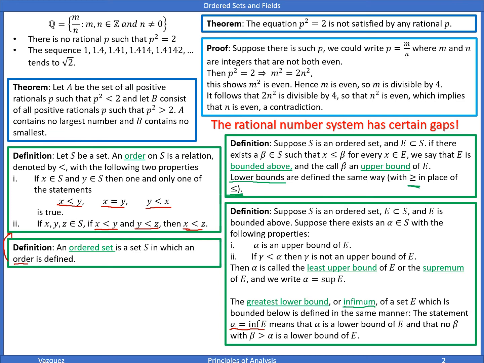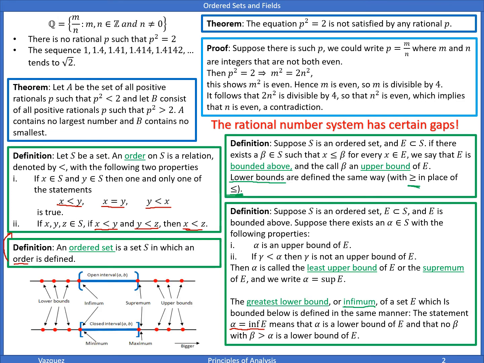This might be a bit difficult to understand, so I'm going to include a picture. An illustration might help us here. Here we have an open interval at the top, and here we have a supremum. When it's closed, why is it a maximum? Well, the maximum is the biggest element of the set.